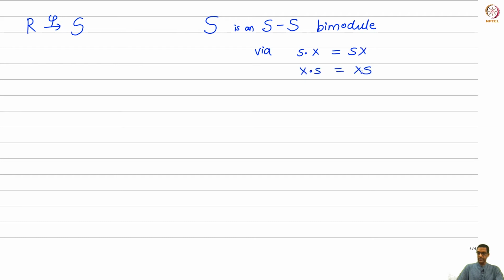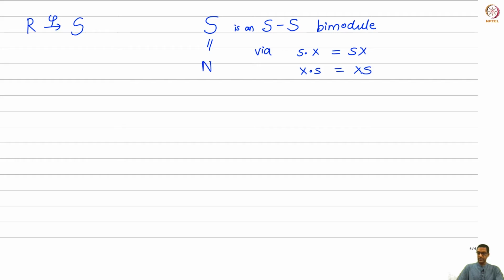Okay, now the point is, because you have this, remember we know how to do restriction of scalars. So imagine this is like your module N, right? N is a left S module. It's also a right S module. Now what I do is I do restriction of scalars to this.